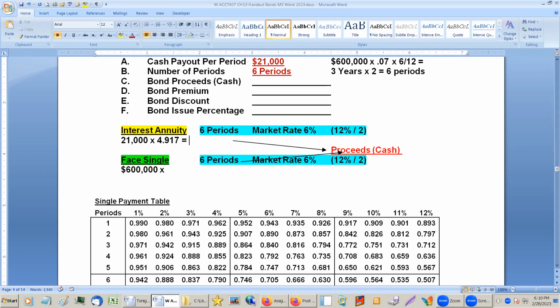So this is the value of the annuity payments. We could do them on the single payment table. We could do it 6 times, but that would be no fun.